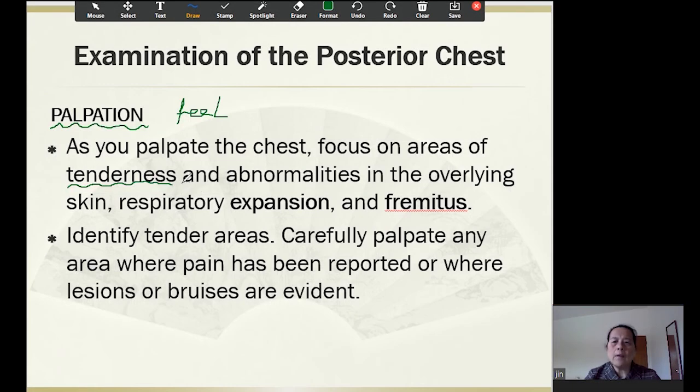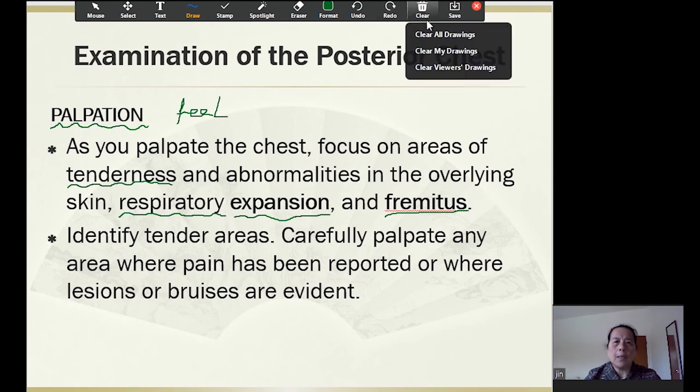And we can also palpate the chest expansion with respirations, and also fremitus. So that's what we're talking about this week. We have a picture later, I believe.